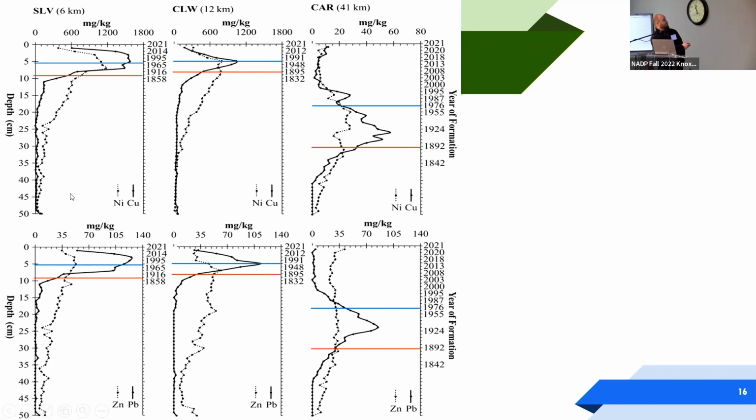But anyway, this red line here is when smelting began. You can see obviously that changes just at the depth of those peatlands, and then the green is when the sulfur emissions, total emissions, decreased in all of these areas. The solid line up here is copper, and the dashed line is nickel. The copper is super distinct, right?